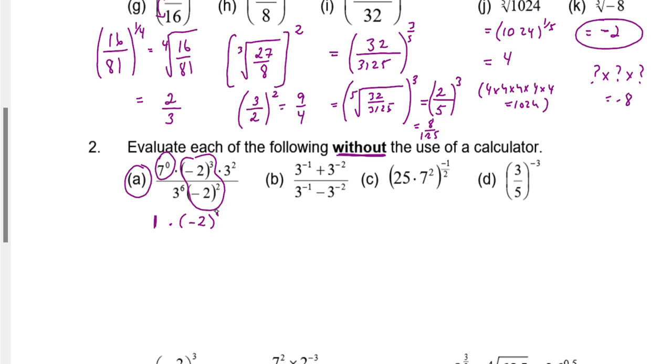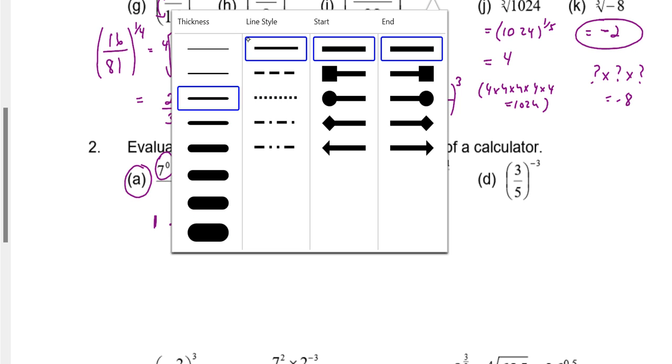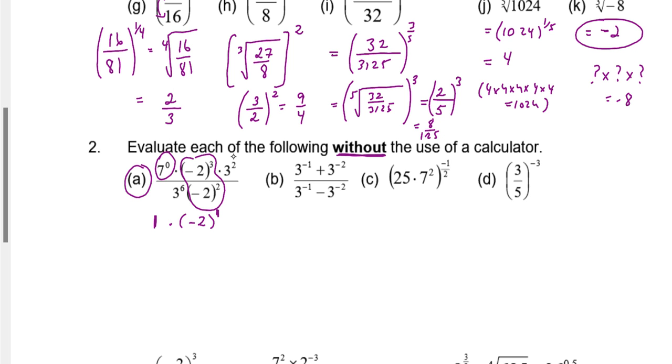And then I look at my second, let's use a different color here. Notice that we have a 3 to the 2 and 3 to the 6. So that's the same base. So we can multiply those two, or divide. So you're going to subtract the exponents. 2 minus 6 is negative 4. Okay, so we've simplified it.